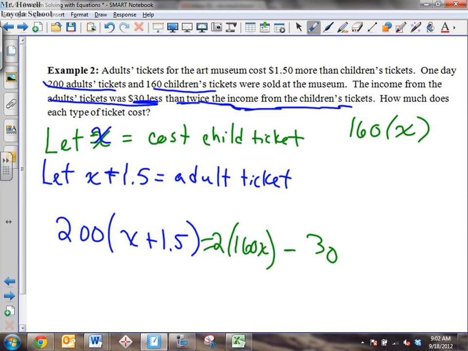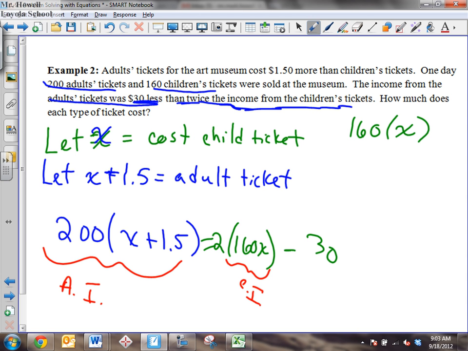Again, I'm going to read the statement, write it down for now, and I'm going to give you a second, and then I'll read through it to show what I mean. Because this is a very confusing problem. So, on the left-hand side, 200 tickets for adults times the cost of an adult ticket. This gives us the adult income. Next, this 160X is the children's income because 160 tickets were sold and they cost X dollars each.